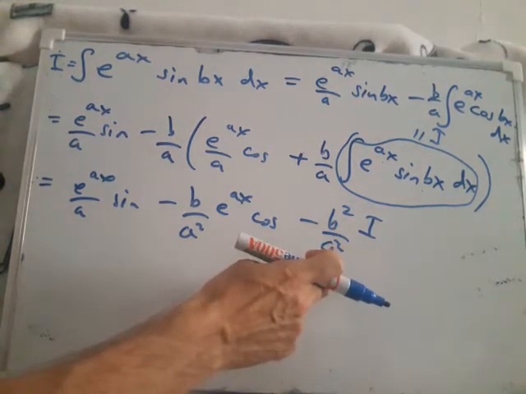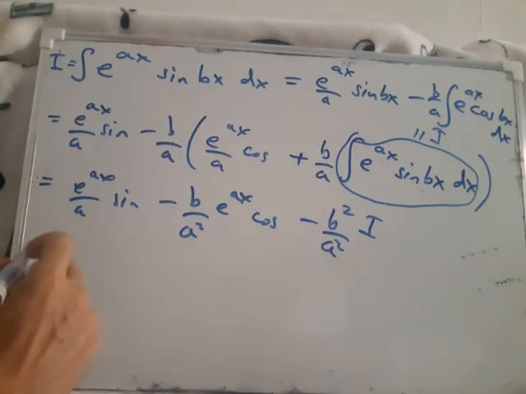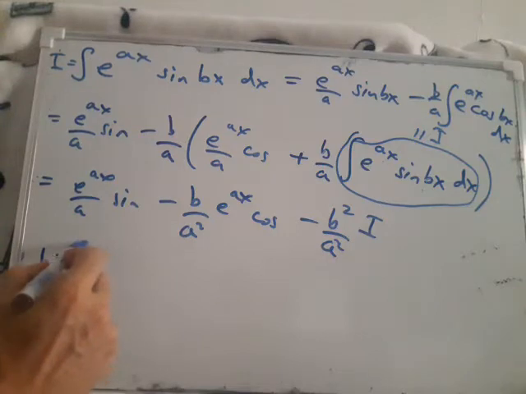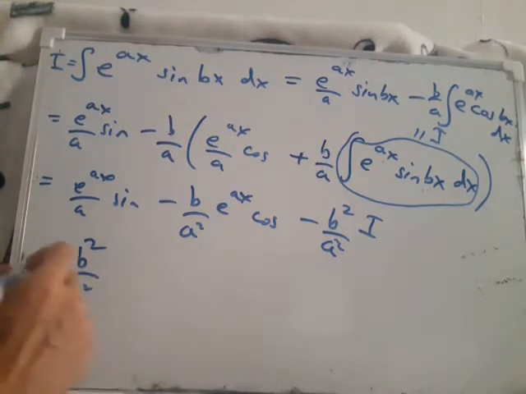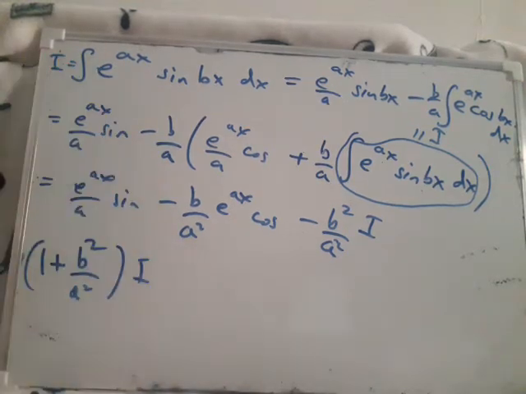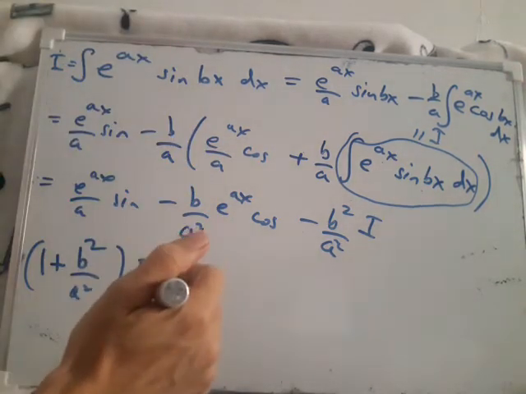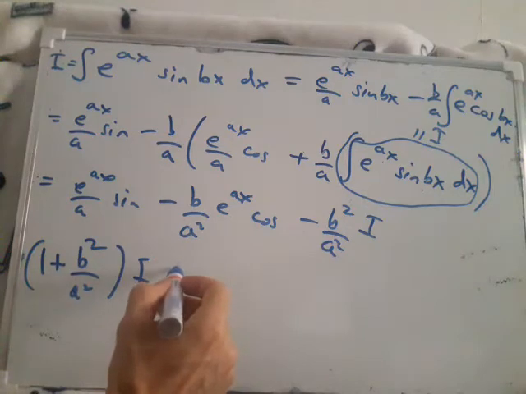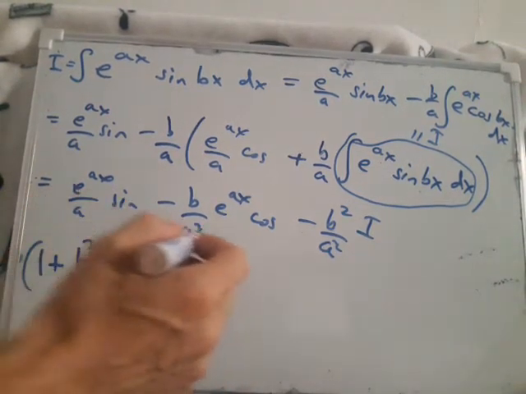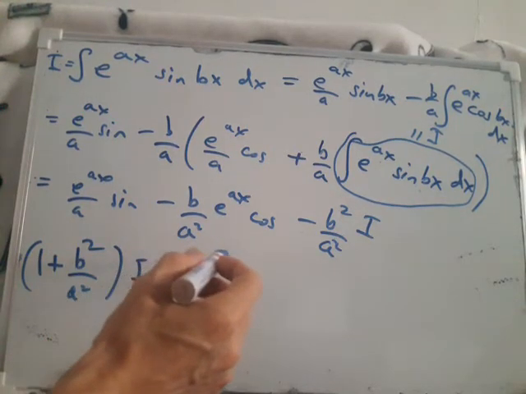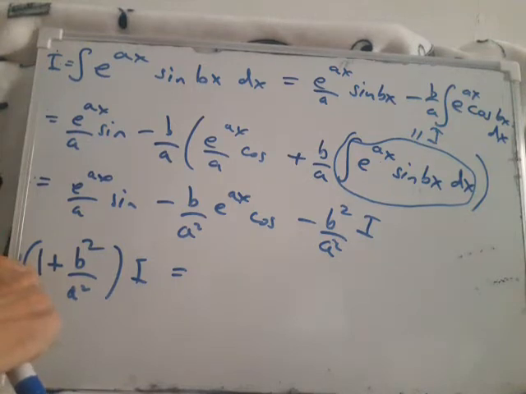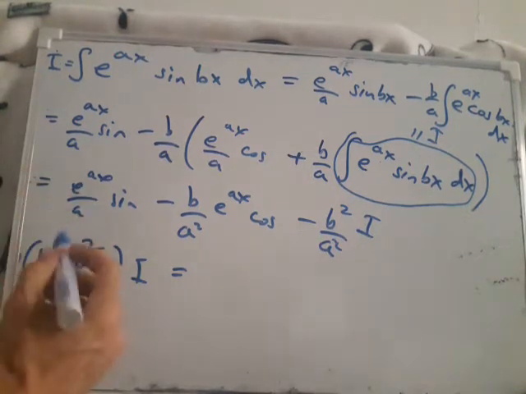And then move this onto that side, and I get 1 plus b squared over a squared I. I may as well, to save time, multiply both sides by a squared, so I'll do that.